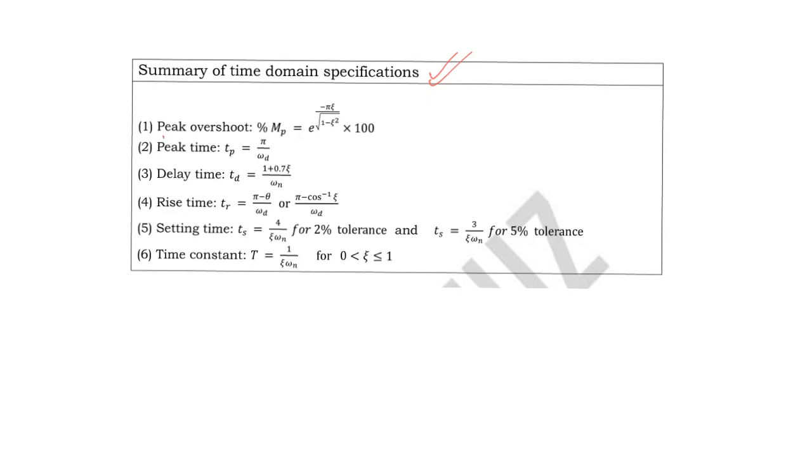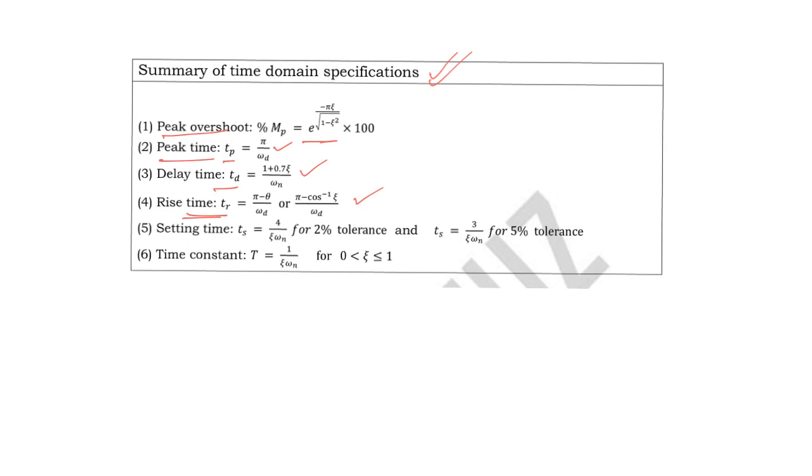Here you have a summary of all the time domain specifications that we have discussed till now. The peak overshoot is given by e to the power minus zeta pi by root over 1 minus zeta square, into 100. The peak time Tp is pi by omega d. The delay time is 1 plus 0.7 zeta by omega n. The rise time Tr is pi minus cos inverse zeta by omega d.